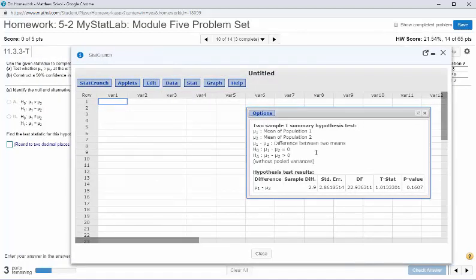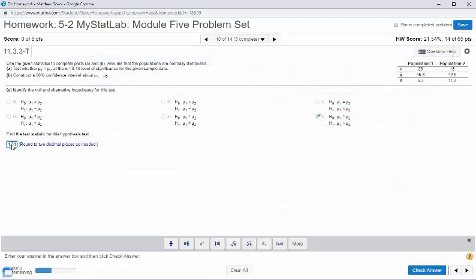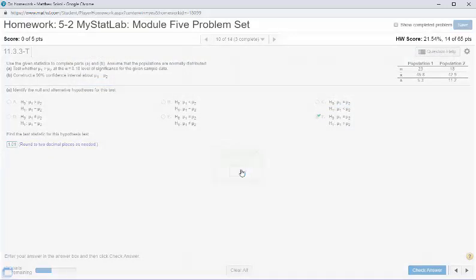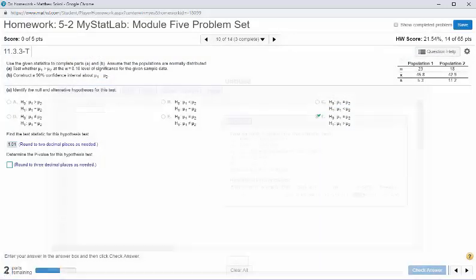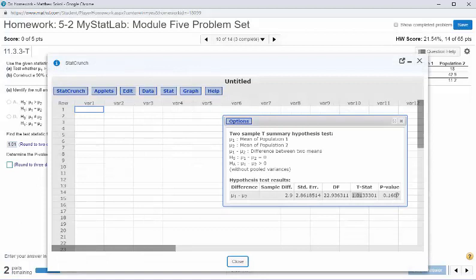So this wants 2 decimal places. This is the test statistic right here. Which I got, great. P-value, wanted to 3 decimal places. It's going to be 0.161 when I round it.